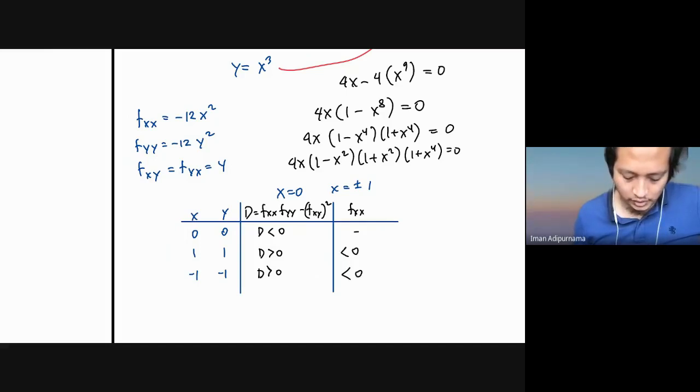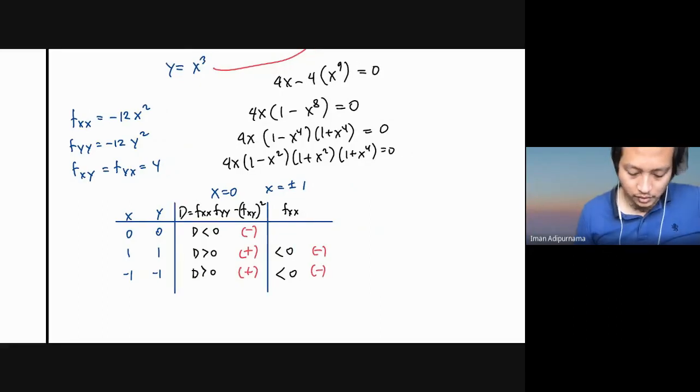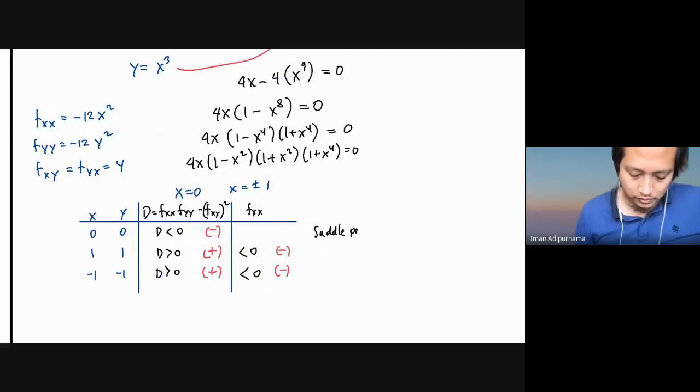The third one is also negative, right? So this will be the saddle point for 0, 0. And 1, 1 and negative 1, negative 1 will both be local maximum.